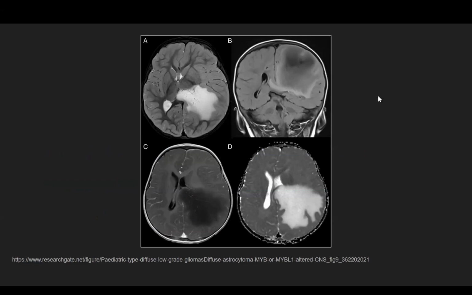The picture shown in A is the axial cut of the diffusion weighted image, showing the hyperintense lesion at the parieto-occipital junction, also involving the splenium of corpus callosum. The picture shown in A is diffusion weighted image? T2 weighted image, ma'am.